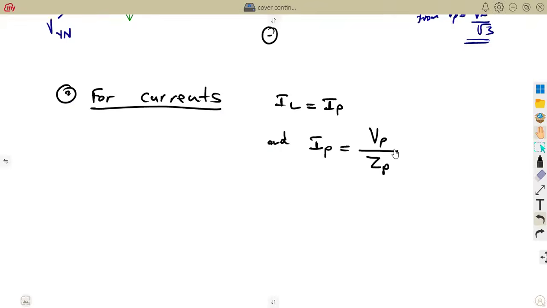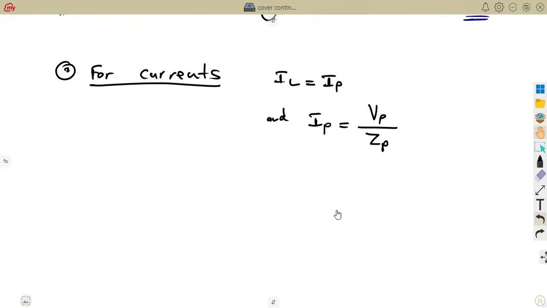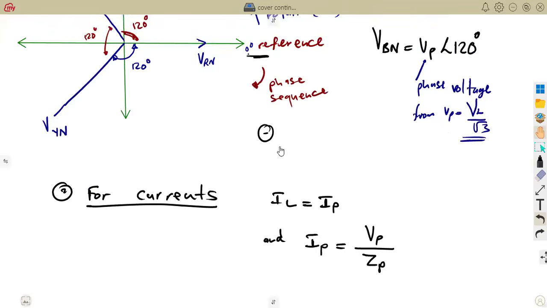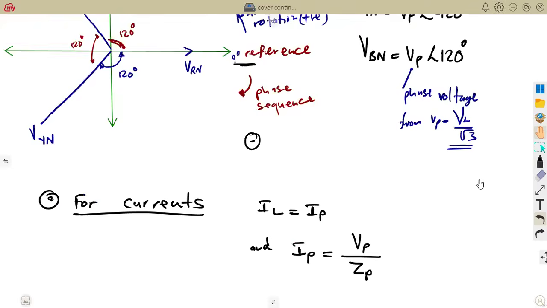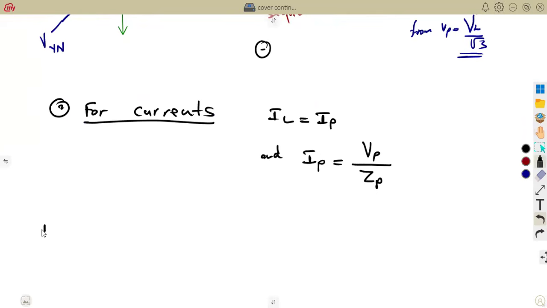So you calculate each. The current for the red is going to be taken as what? For the red, it's going to be IRN. Remember, our phase, we're going to take to the neutral. Since it is phase voltage over the impedance of the phase, it's going to be the phase voltage VRN over ZRN.